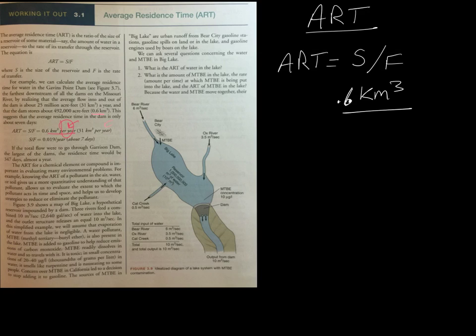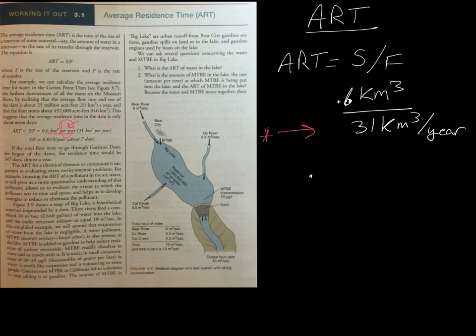And you divide it by the flow rate, which in this case is 31 kilometers cubed per year. Now this is a fraction, and if you remember correctly from math, when you handle a fraction, you can invert and multiply.